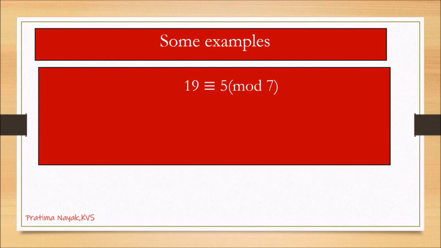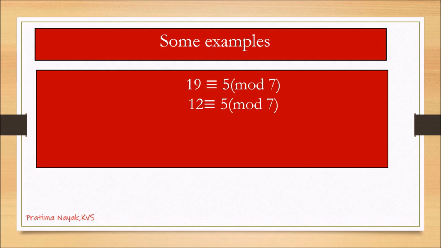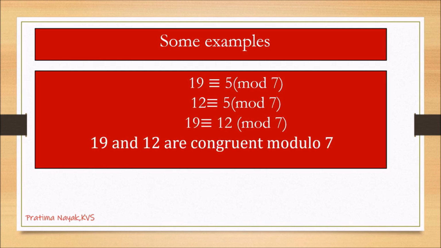Let us take another example. 19 is congruent to 5 modulo 7. 12 is congruent to 5 modulo 7. That means 19 and 12, when divided by 7, each give the remainder 5. So 19 and 12 are congruent modulo 7.